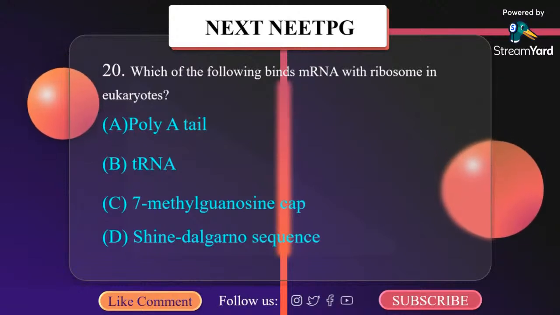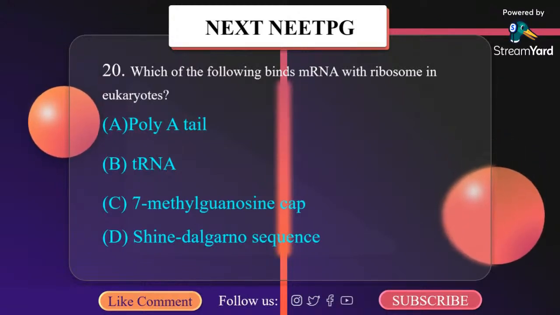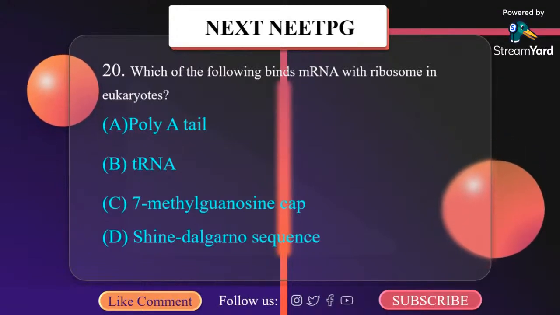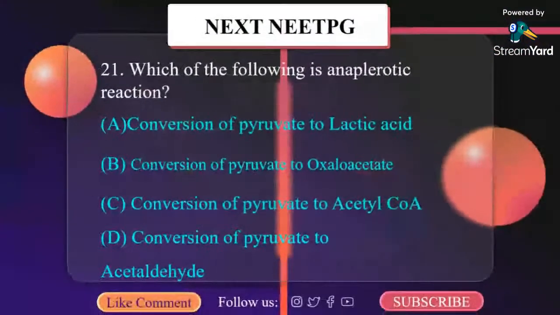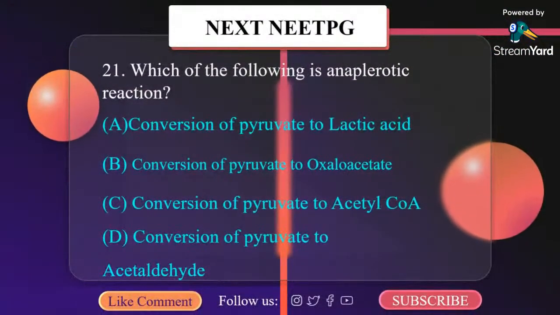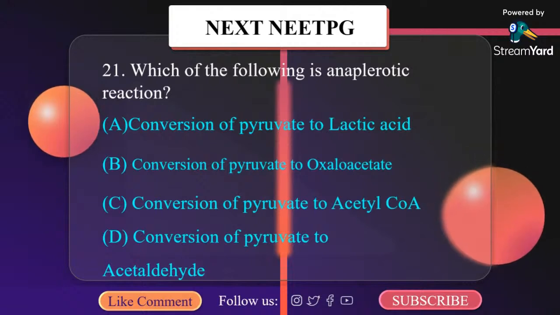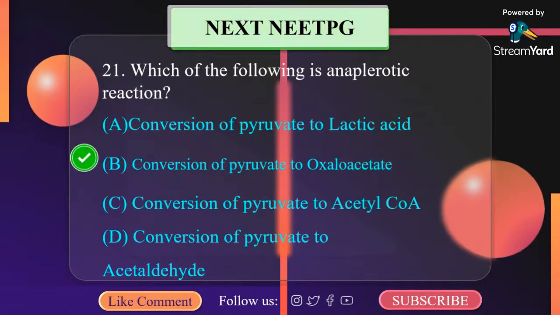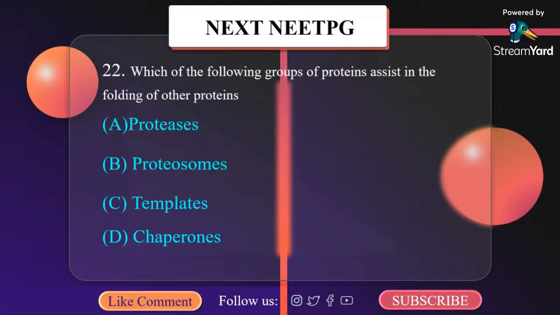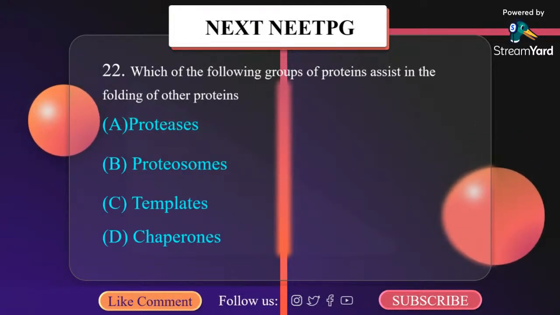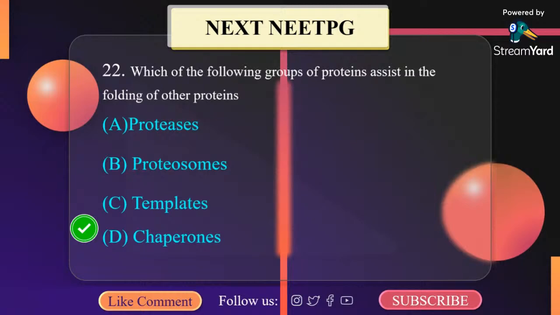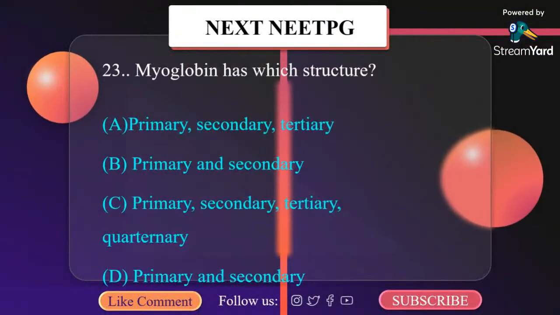Which of the following binds mRNA with the ribosome in eukaryotes? A. Poly A tail, B. tRNA, C. S. methionine. Which of the following is an anaplerotic reaction? It is conversion of pyruvate to oxaloacetate. Which of the following group of proteins assist in folding of other proteins? Definitely it is chaperones. Myoglobin has which structure?